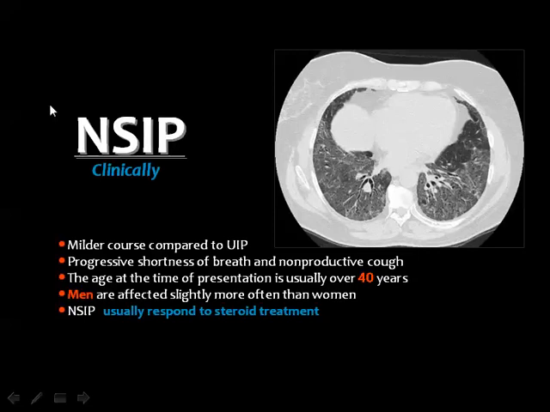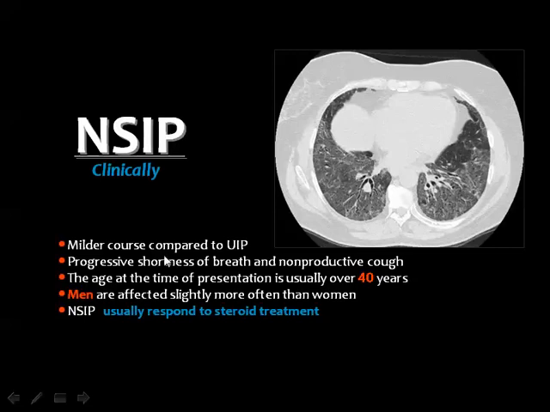Then we come to non-specific interstitial pneumonia. It is exactly similar, but occurs more commonly in men, the age is relatively younger, and this disease responds to corticosteroids. All the findings of usual interstitial pneumonia are seen here except honeycombing. Except honeycombing. Then you get opacities, which we call ground glass opacities, and you get traction bronchiectasis, but you do not get honeycombing.